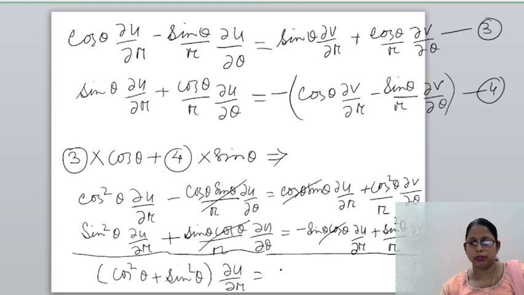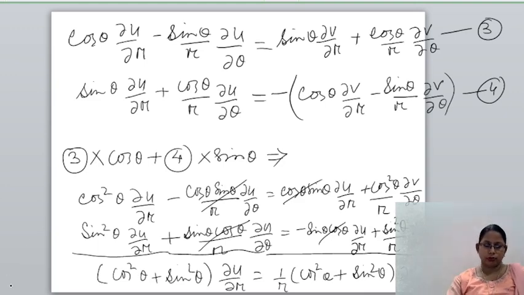Then take 1 by r common. Within bracket it will be cos square theta plus sine square theta, del v by del theta. So this is 1 and this is 1. So we get del u by del r equal to 1 by r del v by del theta.